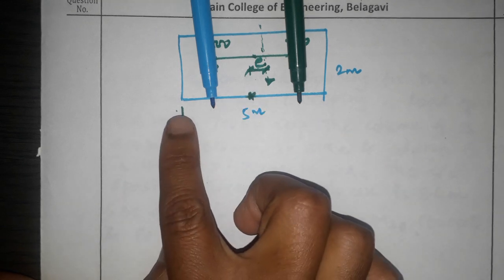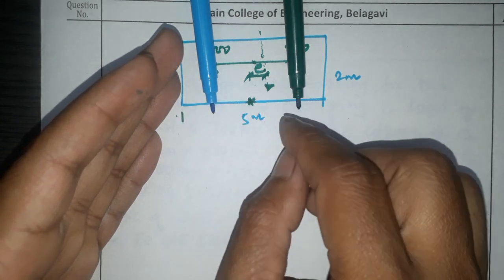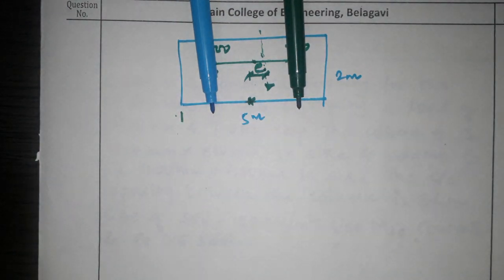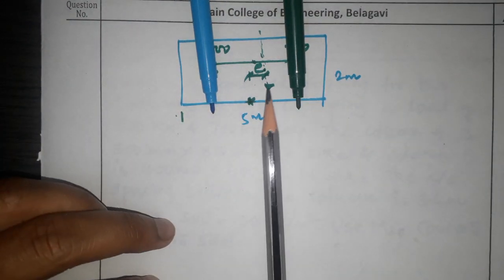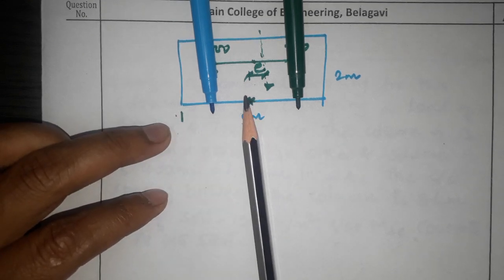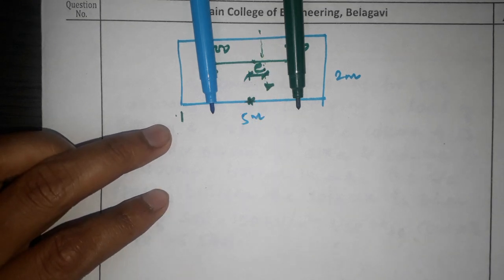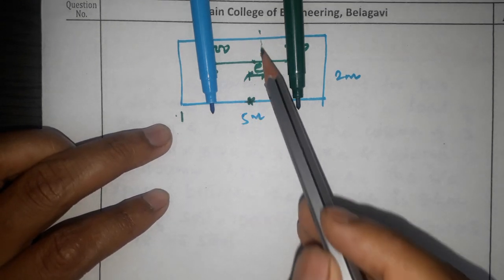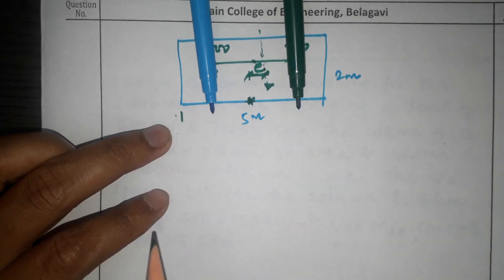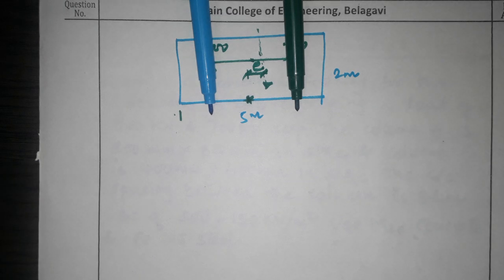So what we can do, we can shift this footing a little bit this side. So what will happen automatically? This CG will shift here and both the CG will coincide. It will be in same plane. The CG of column load and the CG of footing will coincide.